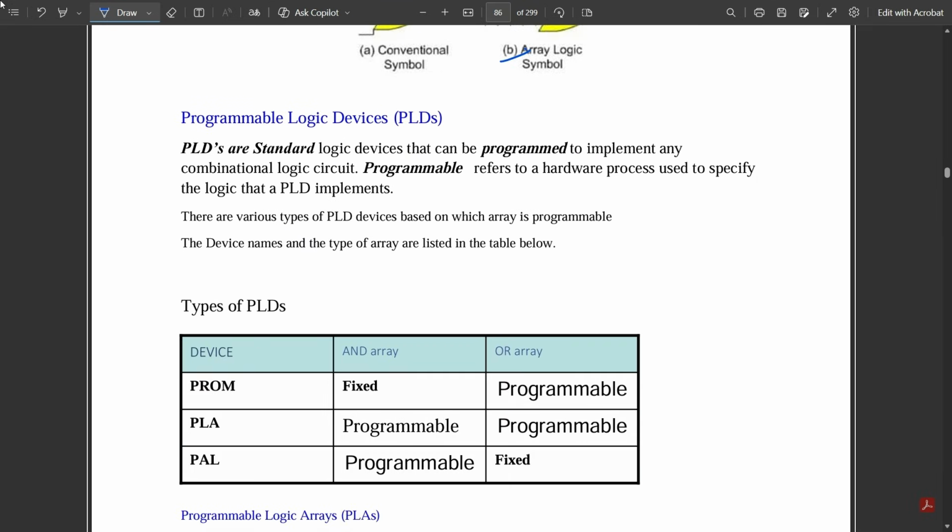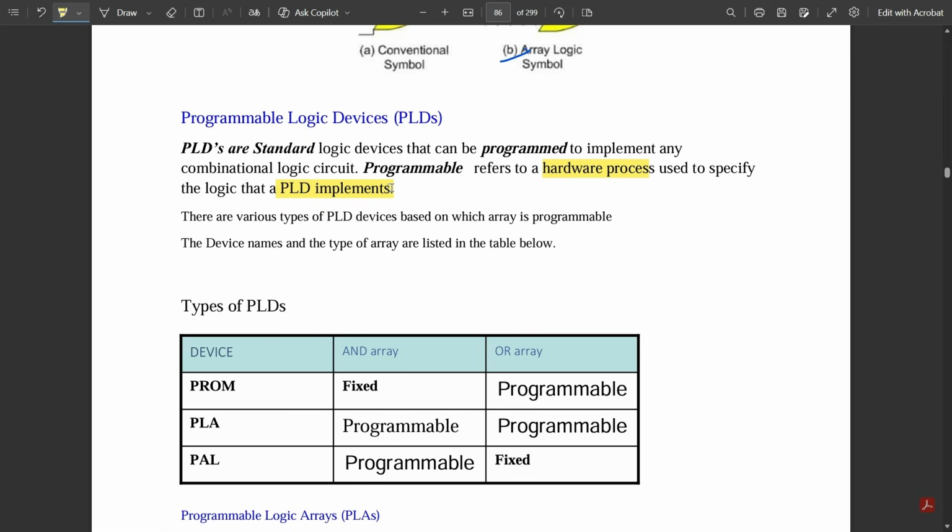Now here you see programmable logic devices. PLDs are standard logic devices that can be programmed to implement any combinational logic circuit. That is, programmable refers to a hardware process which is used to specify the logic that a programmable logic design implements. Okay, so the types of PLDs are divided into two categories: one is fixed array and the other is programmable array.